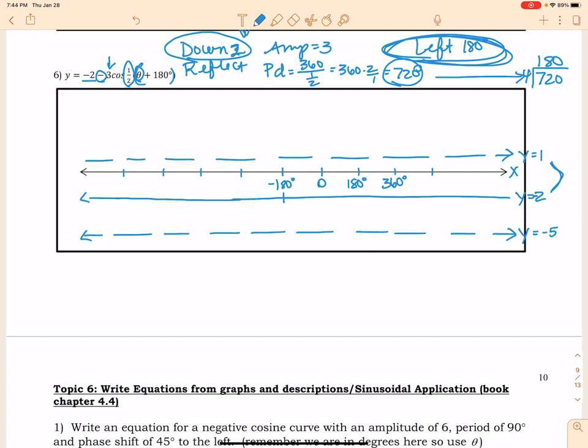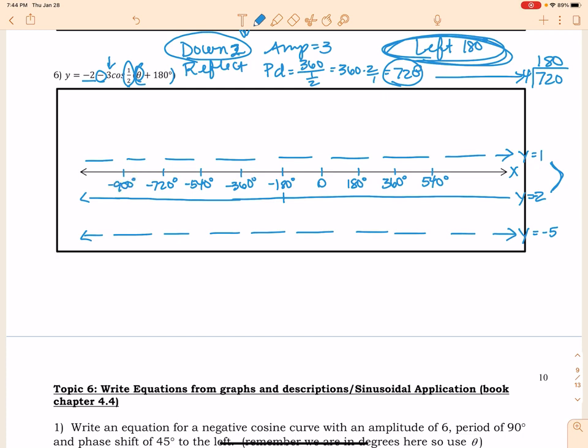I'm just making sure I do my math right here. So that gives me 540. And then to the left of negative 180, I'm going to do the same thing, only subtract. So I've got negative 180 minus 180, so that is going to be negative 360. And then I'll have negative 540, and then negative 720, and negative 900.